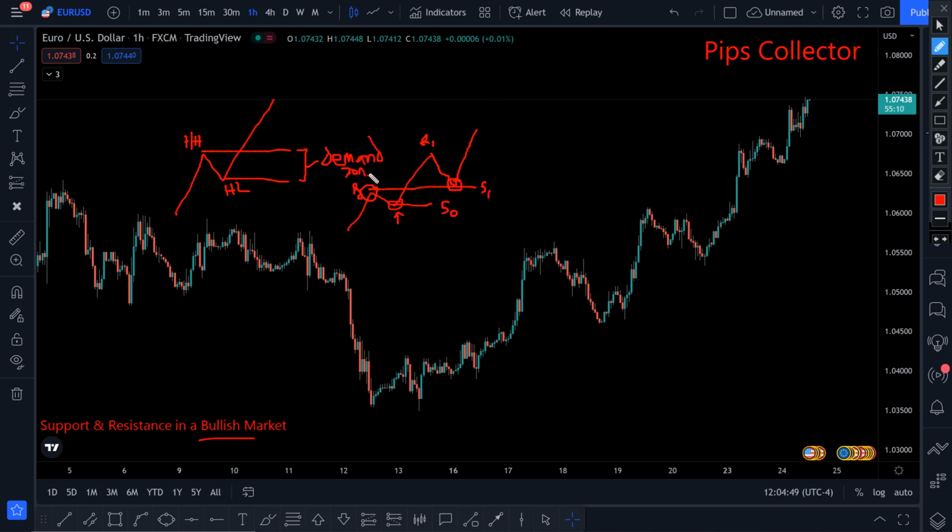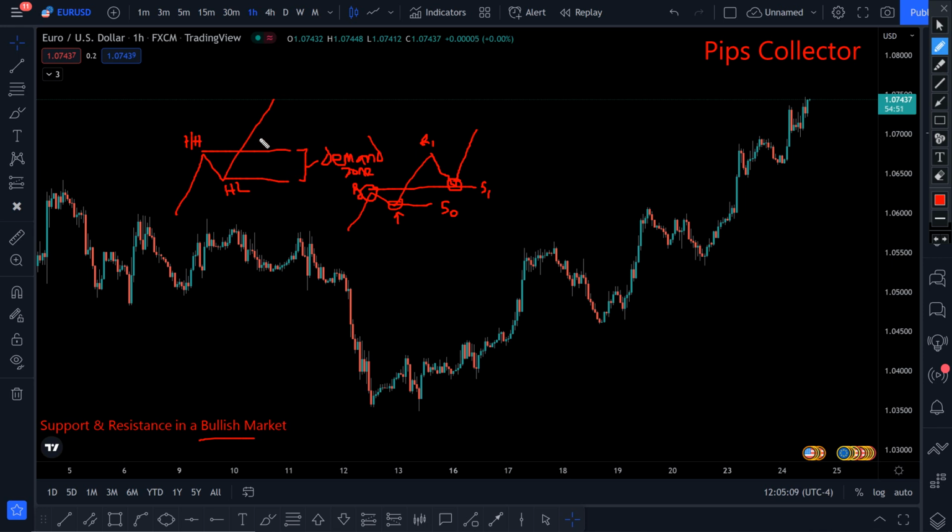Why is it called demand? Because this is where people are interested to buy, to get, to acquire, okay? Called a demand zone.